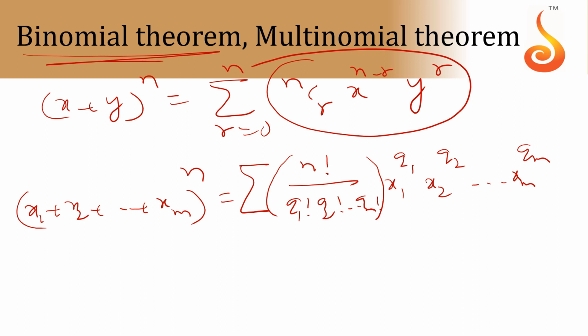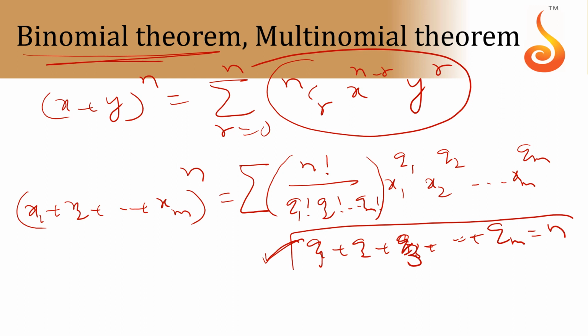So how many such terms? There is an equation q1 plus q2 plus so on plus qm must be equal to n. So however many solutions there are for this equation, that many terms will be there in this sigma. This is called the multinomial theorem.